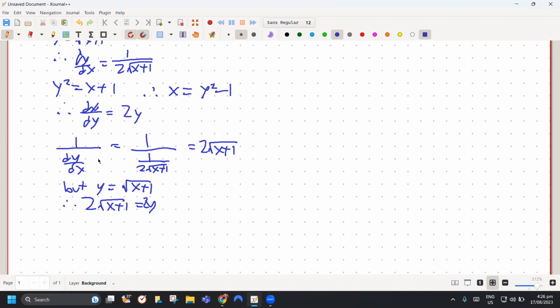So, from there, anong conclusion natin? Dx/dy, so in this case, is dx/dy equal to 1 over dy/dx?